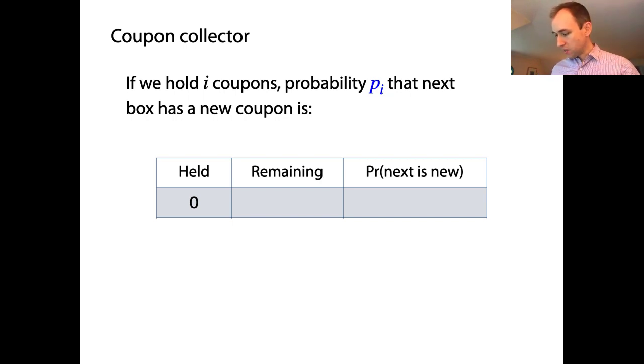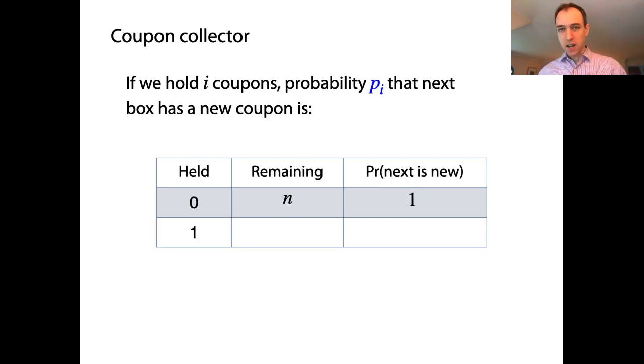If the number of coupons held is 0, then the number of coupons remaining is n, and so the probability that the next one is new is 1. That's the uninteresting first stage, because I don't hold any coupons, so of course the first box gives me a new coupon. Now let's say I hold 1 coupon, and the number of remaining coupons is therefore n minus 1.